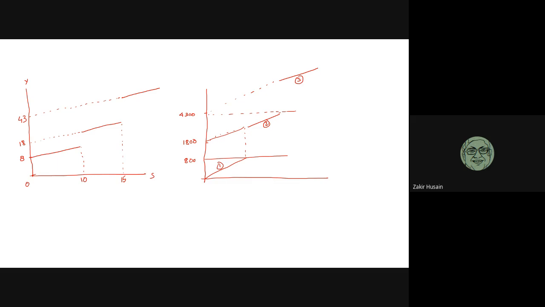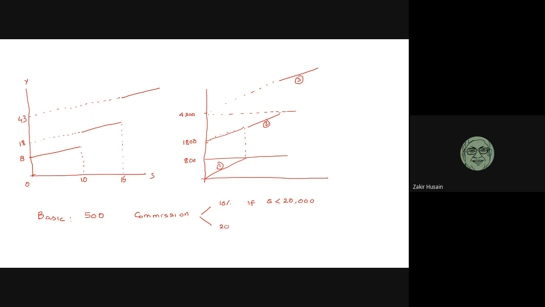Now suppose the basic salary is 500. Please note it down. This problem you have to solve at home. The basic is 500 and the commission is 10% if sales is below 20,000.